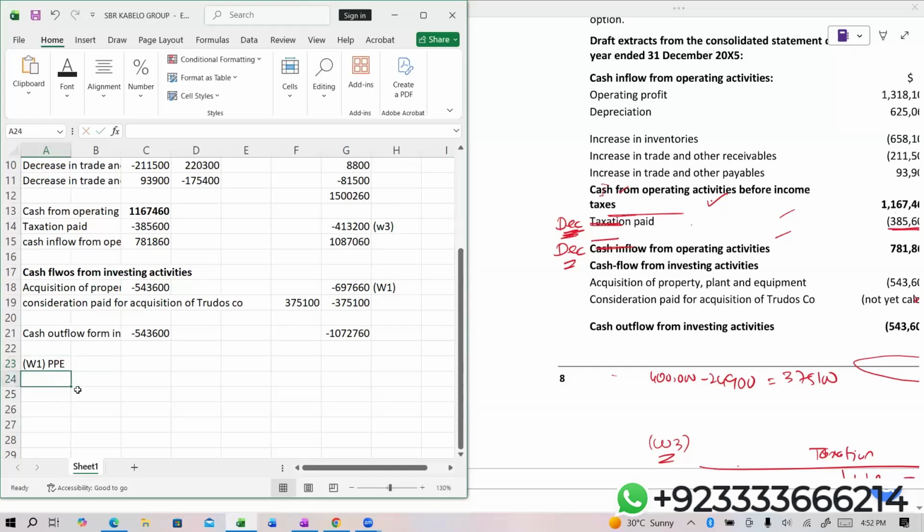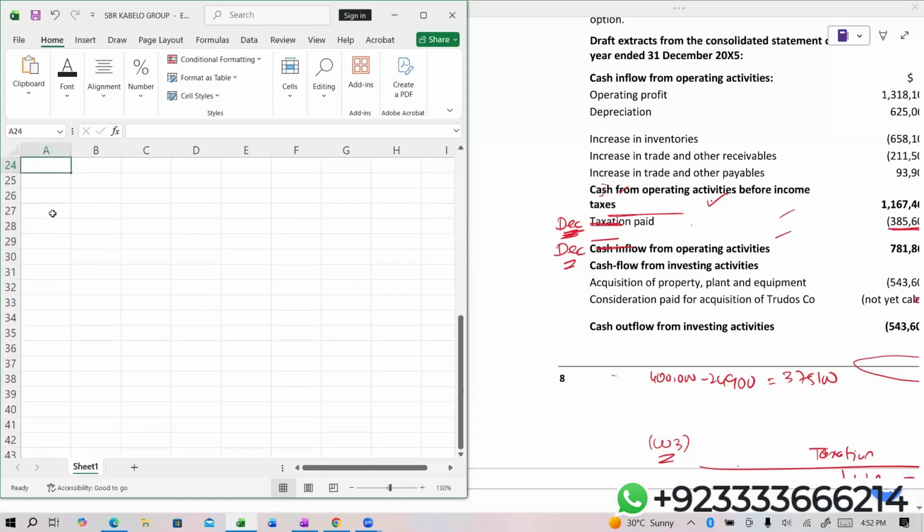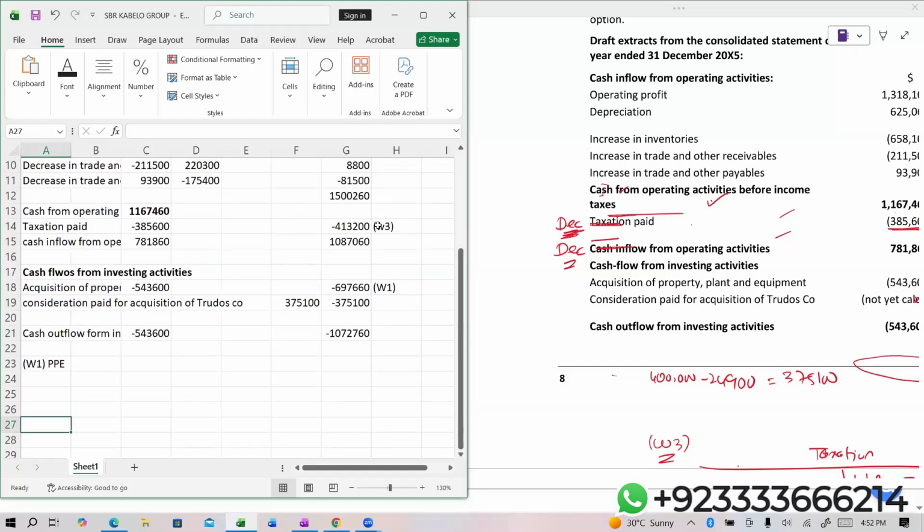So then working two will be, for example, goodwill impairment. And working three, there are only three workings. Working three is taxation paid. So students, I'm just giving you one small homework that on this Excel sheet, try to calculate value of property, plant and equipment, impairment loss of goodwill, and what else?